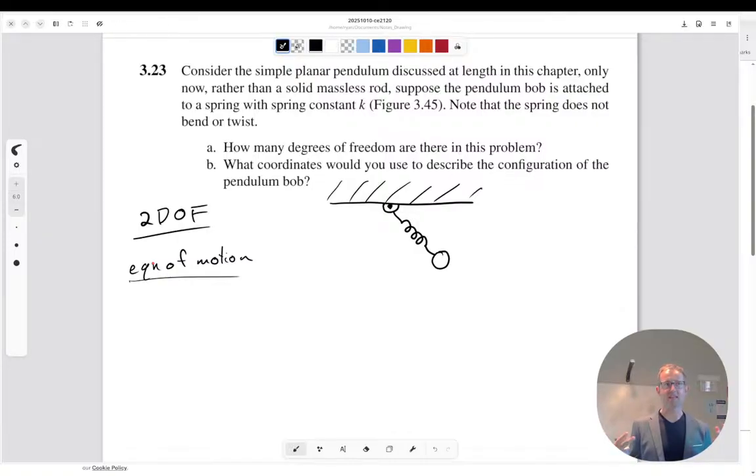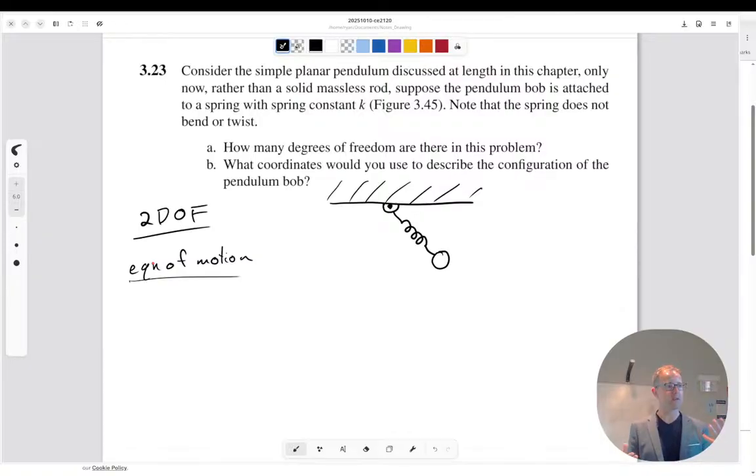But at the end of the day, if you have 2 degrees of freedom, you have to have 2 equations of motion. Sometimes they're coupled, linked together. Sometimes they're decoupled, but we need 2 equations. We should be able to get there with just the sum of the forces in x and the sum of the forces in y, because that'll give us 2 equations.